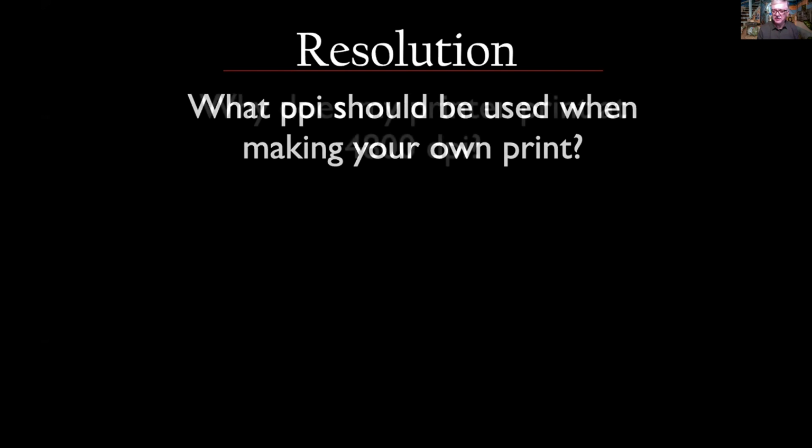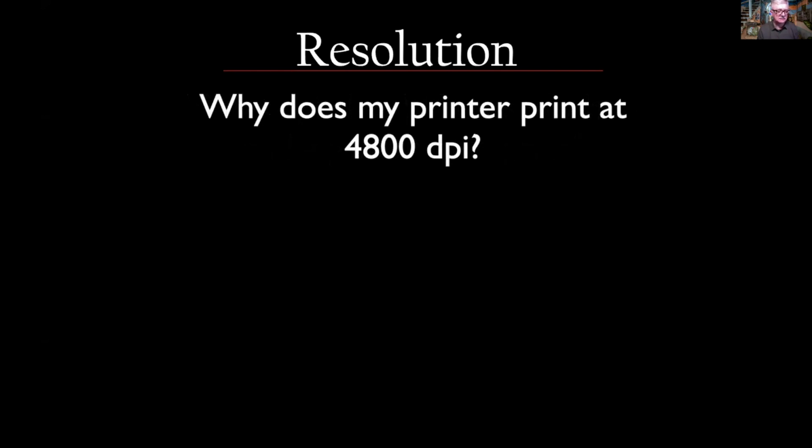There are still a couple more things that throw in some questions. You might have bought a printer and it says it's printing at 4,800 DPI. Does your file need to be 4,800 DPI? Oh God, no. That would be a monstrous file, even if you're making an 8x10. The reason your printer says it's printing at 4,800 DPI is that it is printing ink drops that are much, much smaller than a pixel.